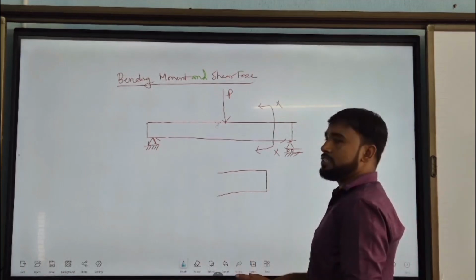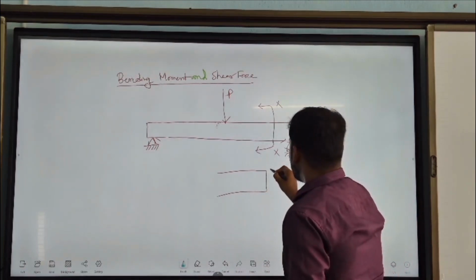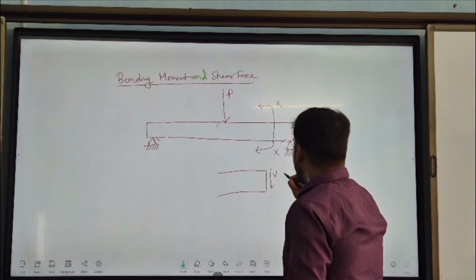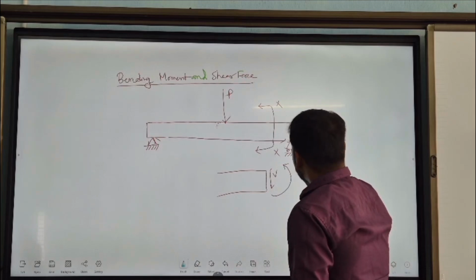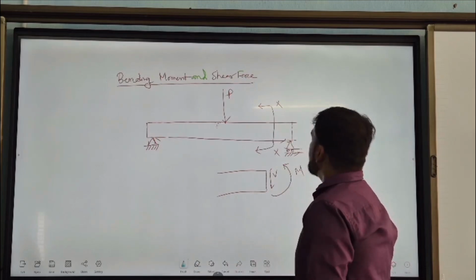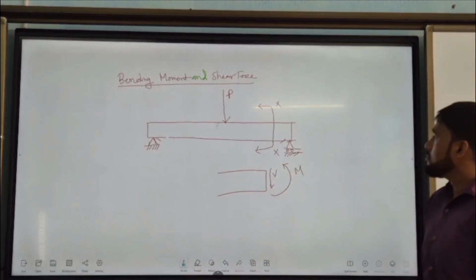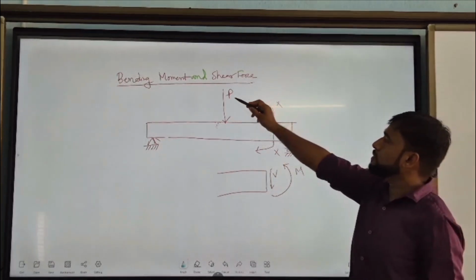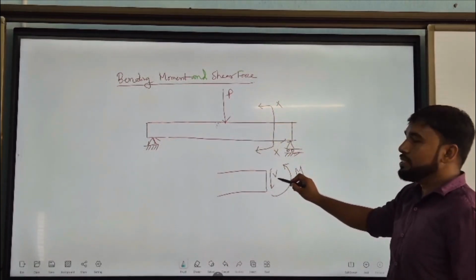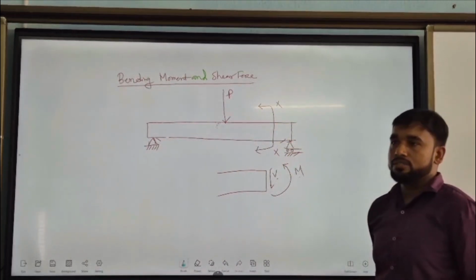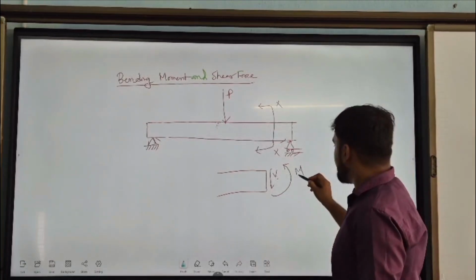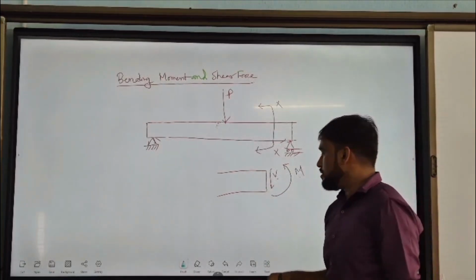Shear force, the tangential force, and moment. So shear force is your V, and the moment is M. Due to transverse load, internal forces are shear force and moment. Okay. This moment will be nothing but bending moment. I will discuss that one.